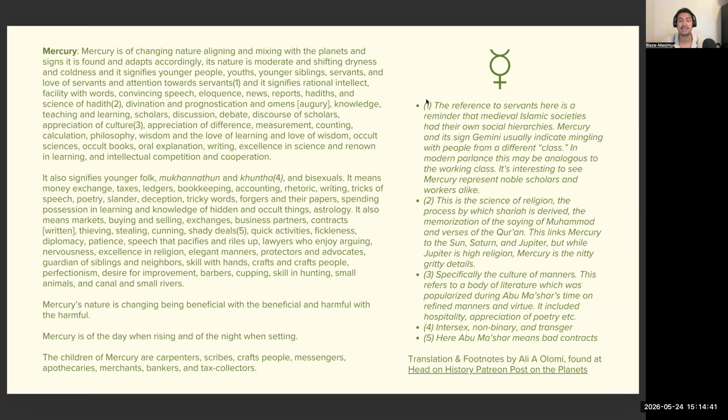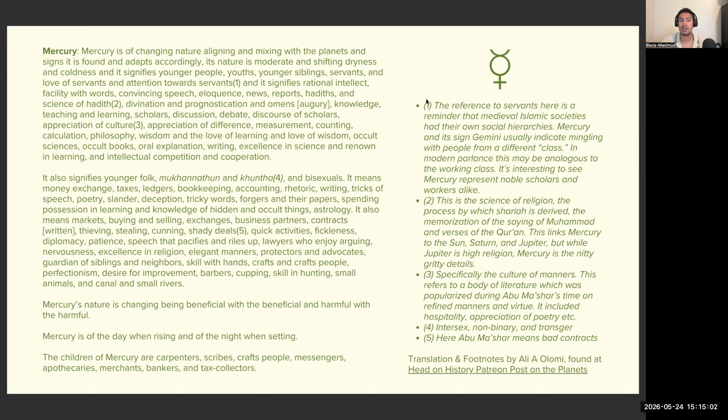Appreciation of difference, measurement, counting, calculation, so all mathematical stuff, philosophy, wisdom and the love of learning and love of wisdom, occult sciences, occult books, so all the occult learning, which includes magic, medicine, astrology, and alchemy, is the occult sciences in the Islamic world.